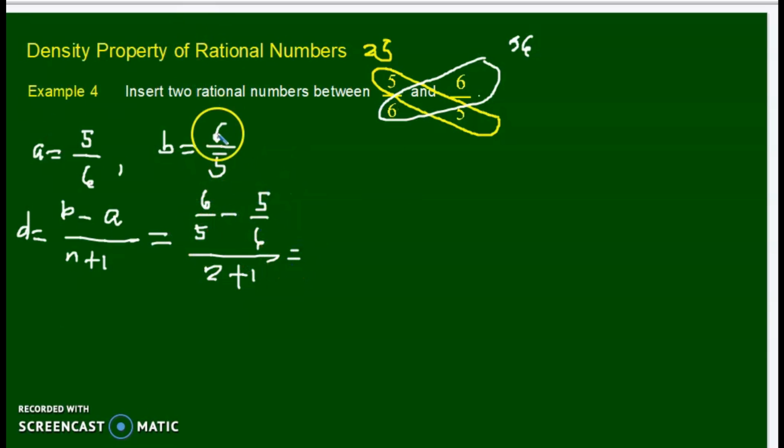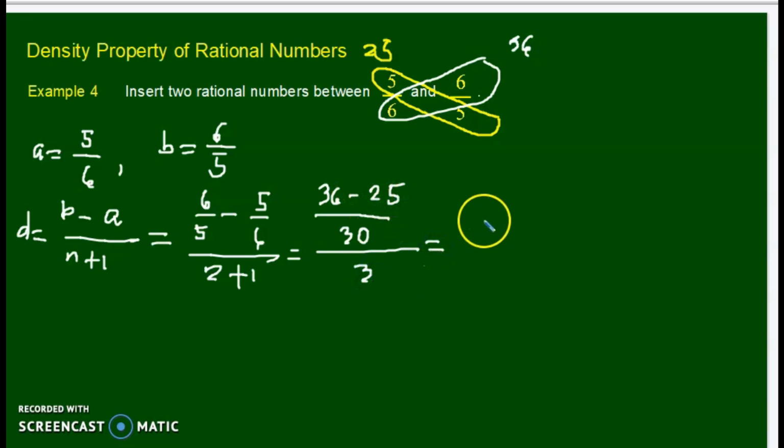So, medyo complicated na, no? So, LCD na 5 and 6 is 30. 30 divided by 5 is 6 times 6 is 36. Minus 30 divided by 6 is 5 times 5 is 25. All over 3. And this will give you 36 minus 25 is 11 over 30, all over 3.